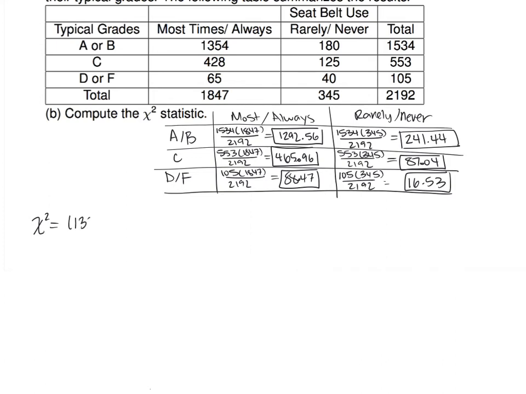Okay, so chi-squared: observed minus expected, squared, over expected. So 1354 minus 1292.56 squared over 1292.56, plus.